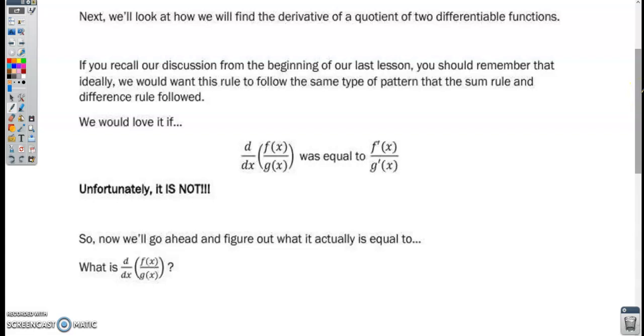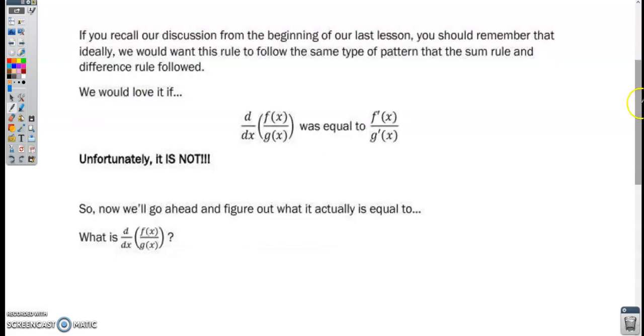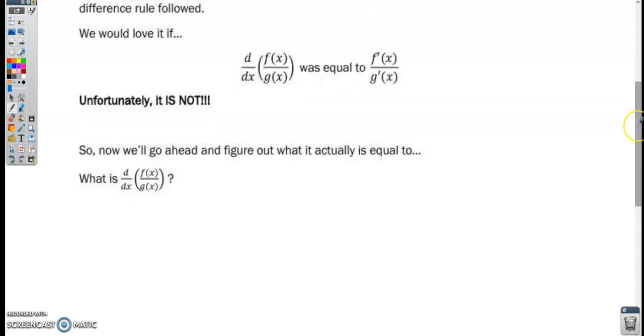So what is the derivative of f of x over g of x? In order to start developing our rule for the derivative of quotients, we're going to use the same technique we've used so many times. We're going to start with the limit definition of the derivative.